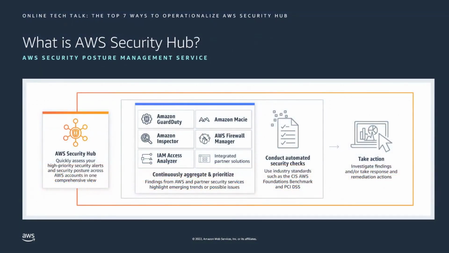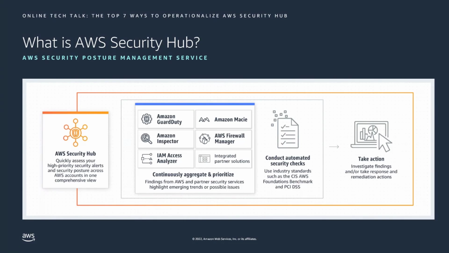Moving on. For that reason, we built Security Hub. The way that it works is, once you turn on Security Hub, it automatically starts to aggregate findings and alerts from core AWS security services, such as Amazon GuardDuty, Amazon Inspector, Macie, Firewall Manager, and IAM Access Analyzer. If you have enabled the services in the account where Security Hub is on, we will automatically bring findings from those services into Security Hub.